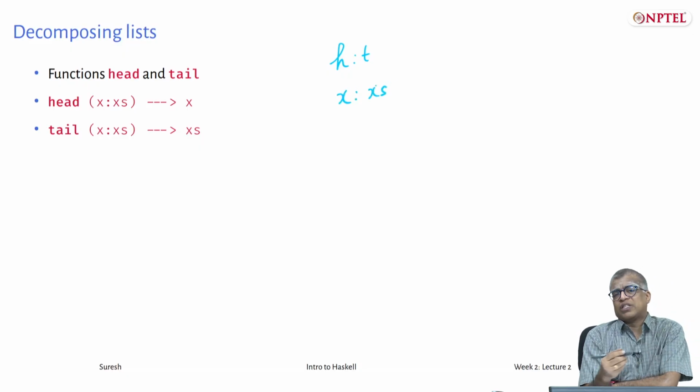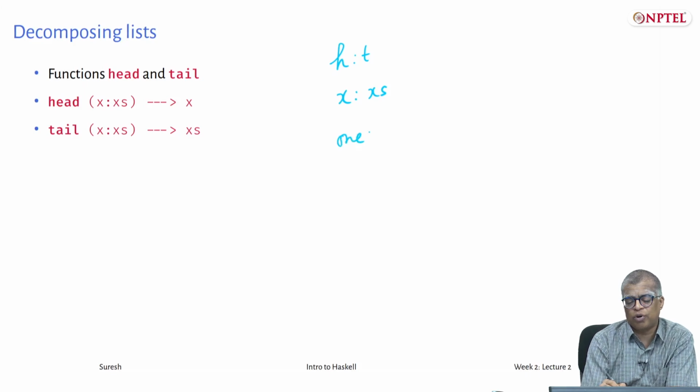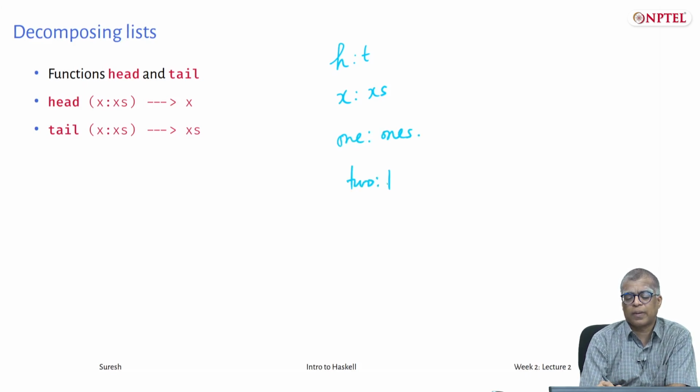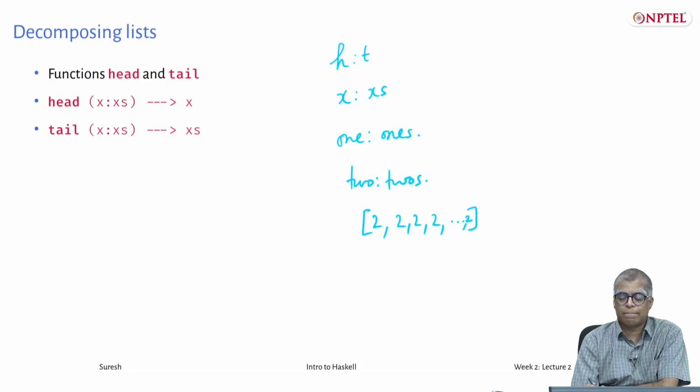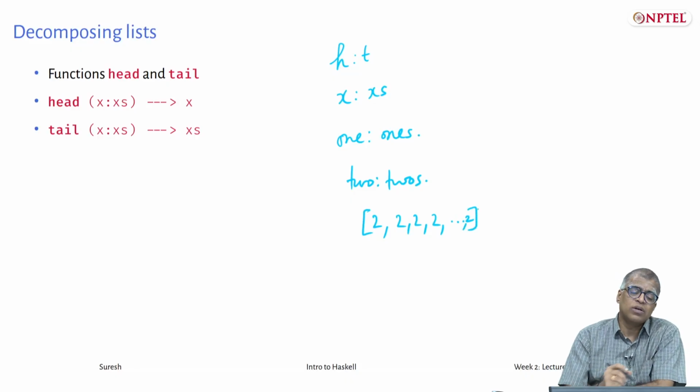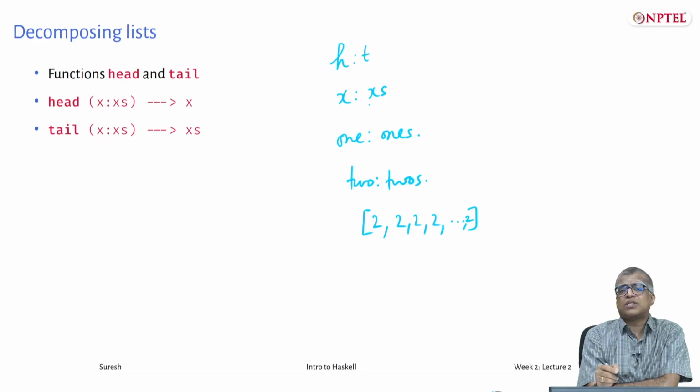Xs is the plural of x. It is like saying 1 followed by 1s or 2 followed by 2s. This would be the list which consists of many 2s. So this is just Haskell convention.